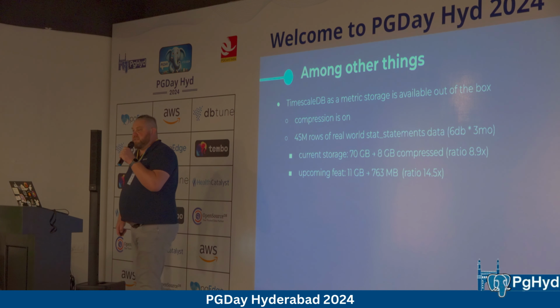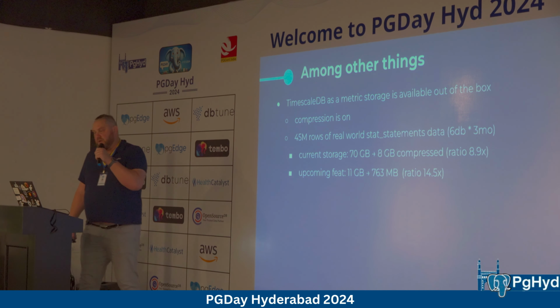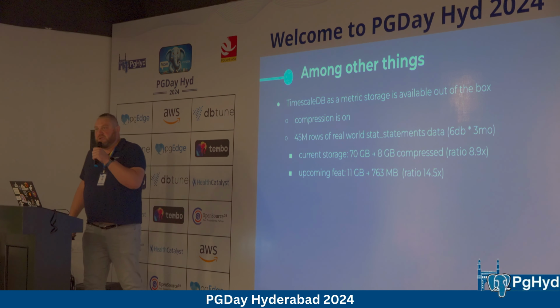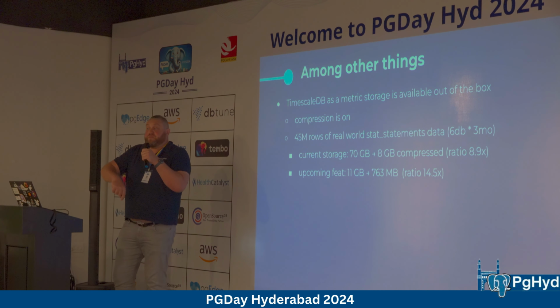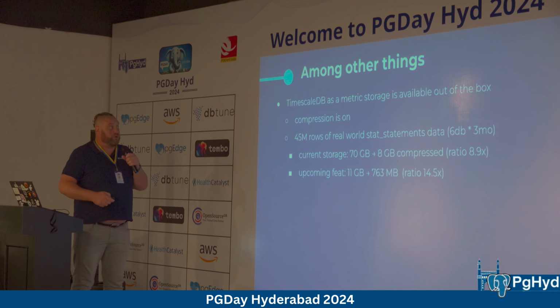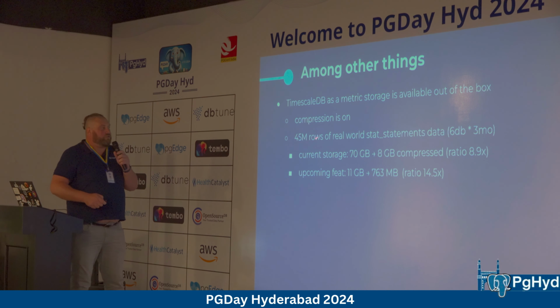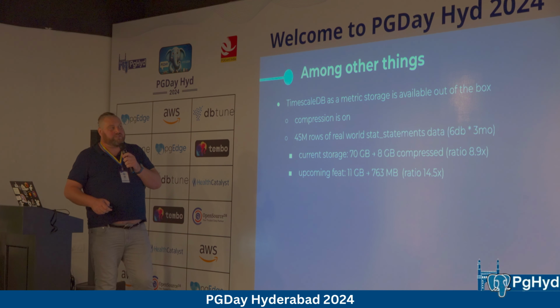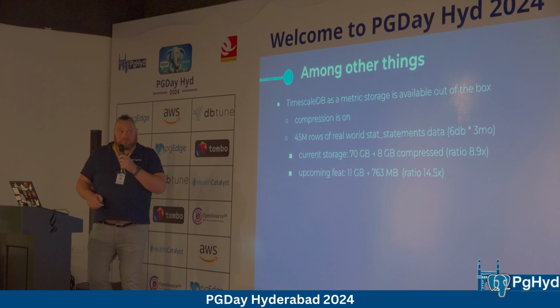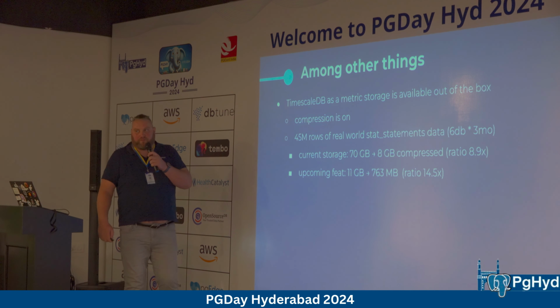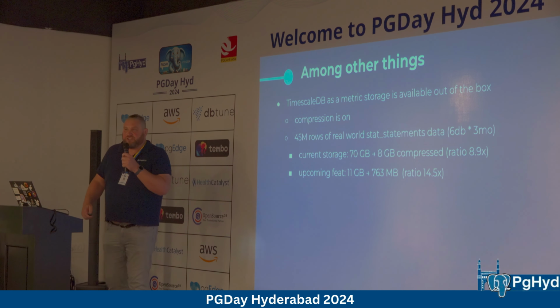Now, we added TimescaleDB as a default choice. If you want to store your metrics, your measurements, in Postgres, you can install TimescaleDB, and this will give you this, with compression on, of course. For example, 45 million rows, which means real live data for 6 databases for 3 months, will cost you 70 gigs without TimescaleDB. Is it much?